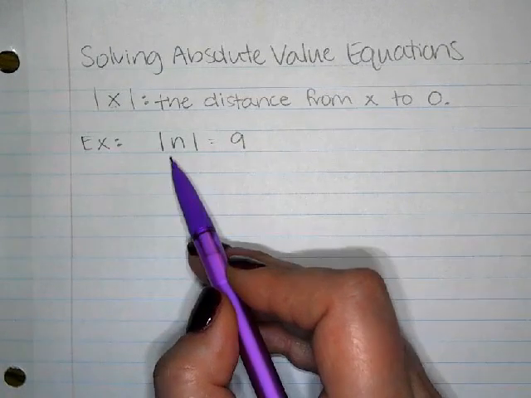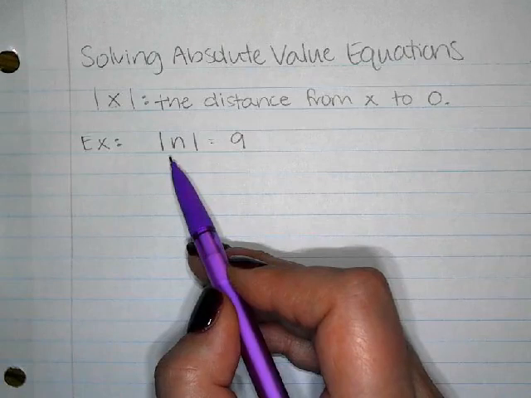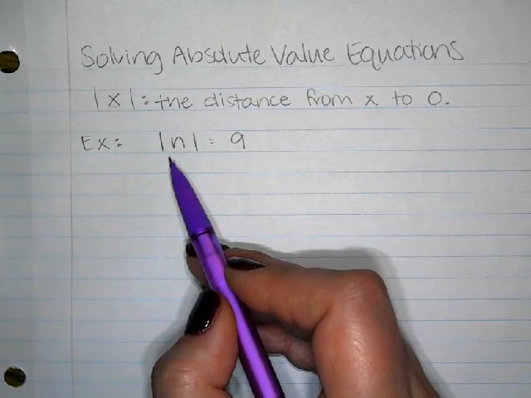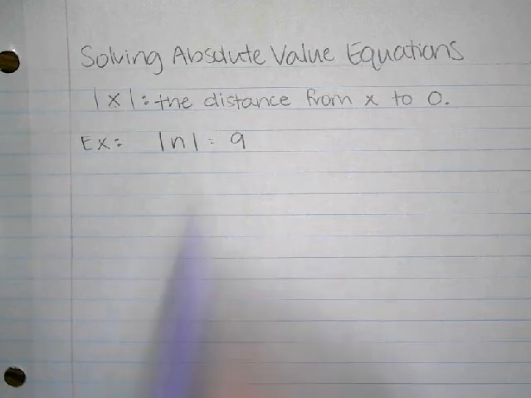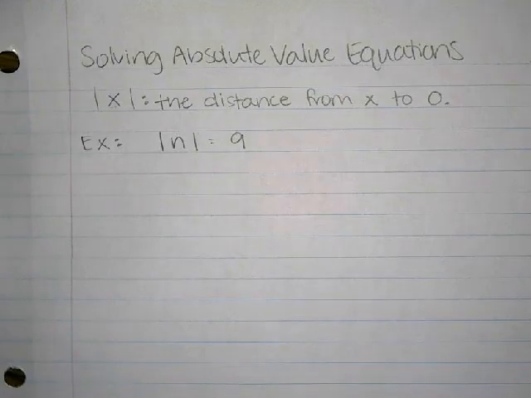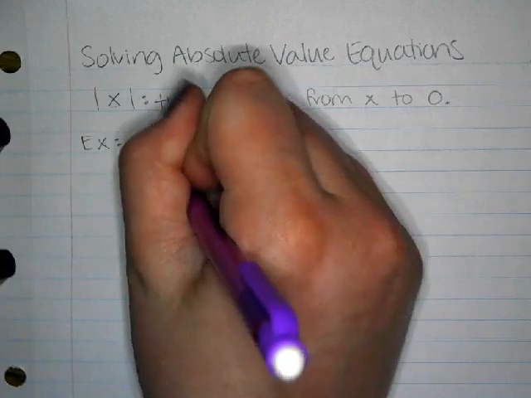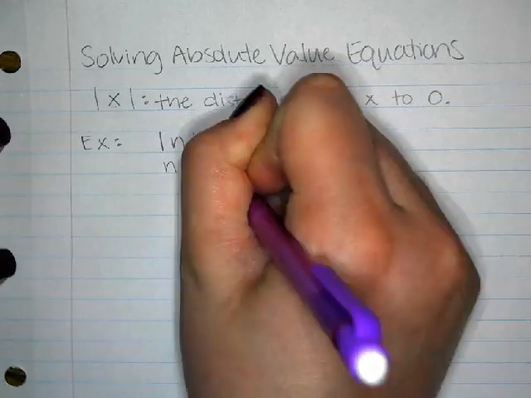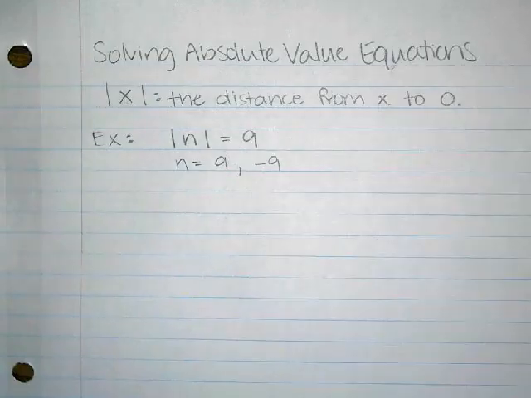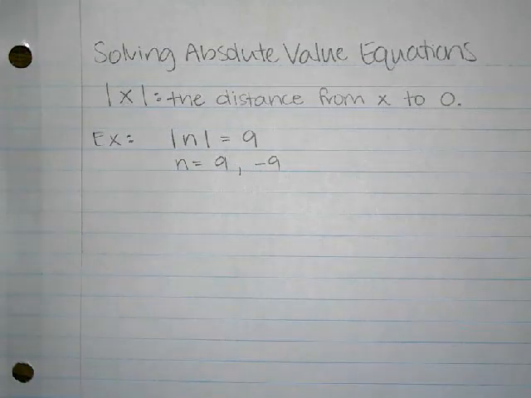The number itself could be -9, or it could be what else? +9. If the number was +9, it would be a distance away from 0 of 9 spaces. Or if the number was -9, it would also be a distance away from 0 of 9 spaces. We would always have two possible solutions here. +9, -9. Both of those would work. Does that make sense?